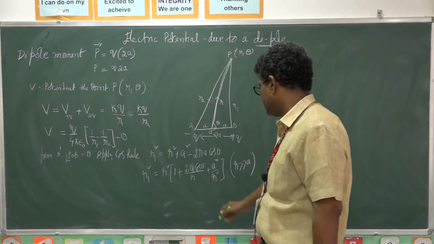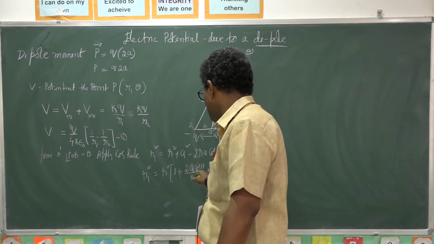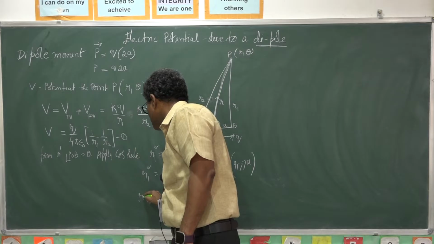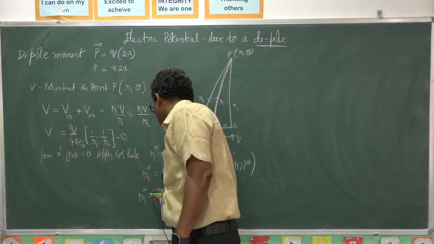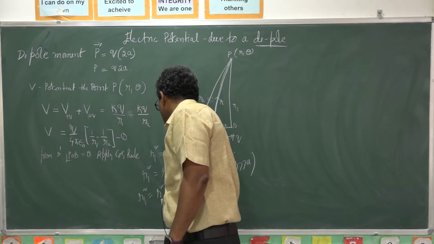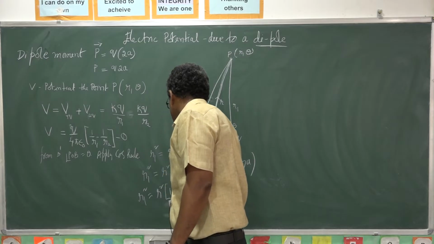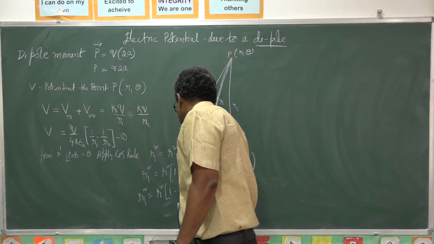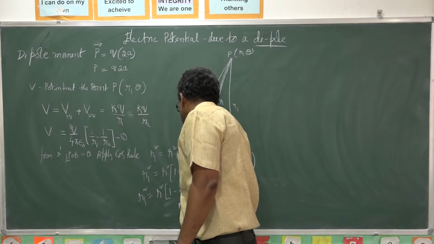You keep this term as it is. So we get R1 square is equal to R square into 1 minus 2A cos theta by R.